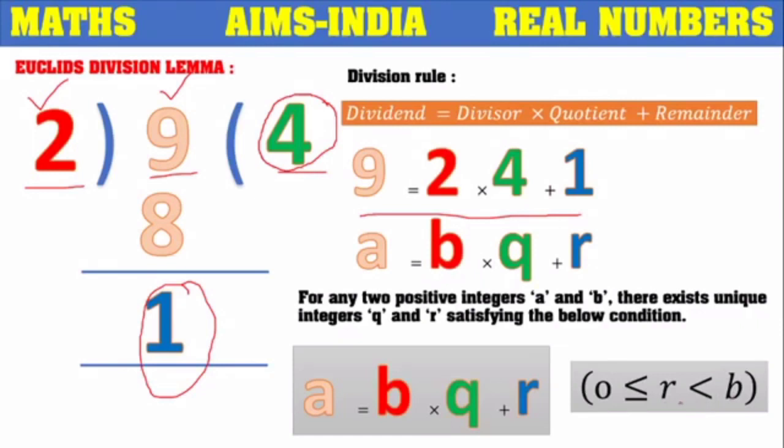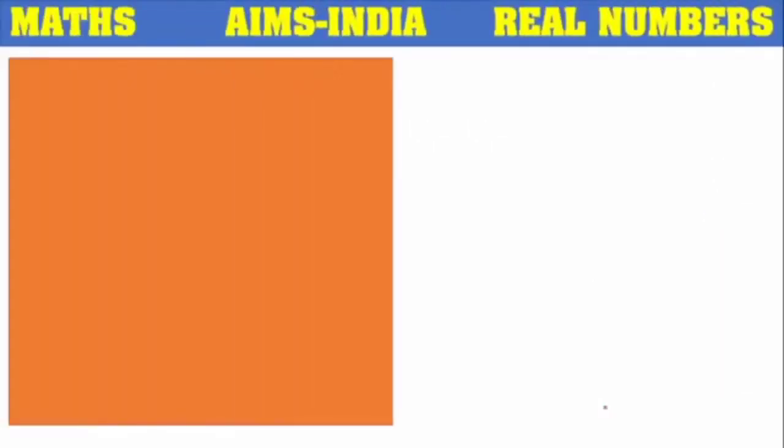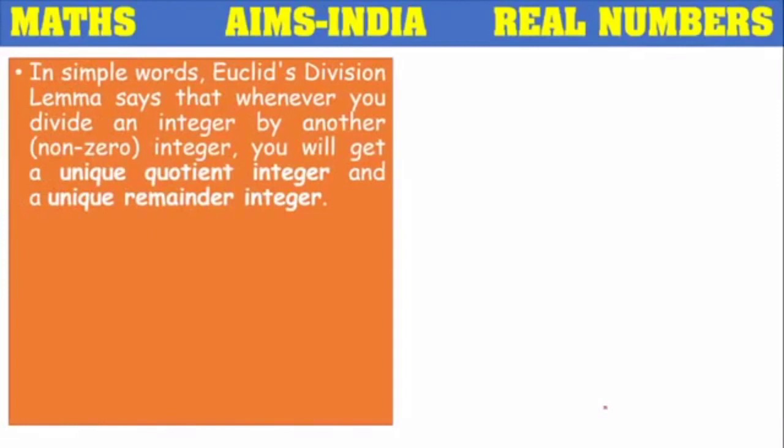It means the remainder should always lie between 0 and the divisor. Or in simple words, Euclid's division lemma says that whenever you divide an integer by another integer, you will get a unique quotient and a unique remainder.